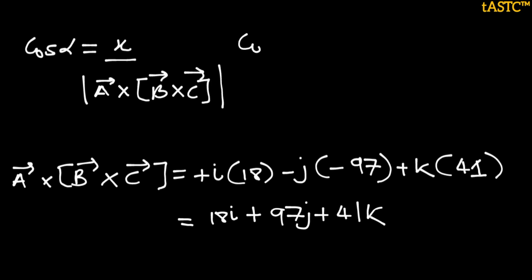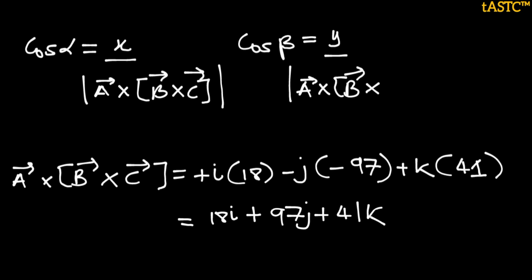And the second one is going to be cos beta. That will be y, the second coefficient of the y unit vector, which from here you can see is 97. This is going to be divided by the same thing, the magnitude of a cross b cross c.